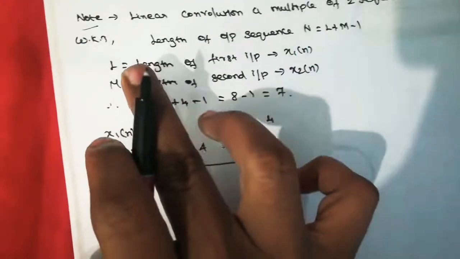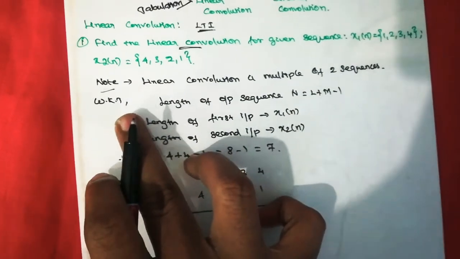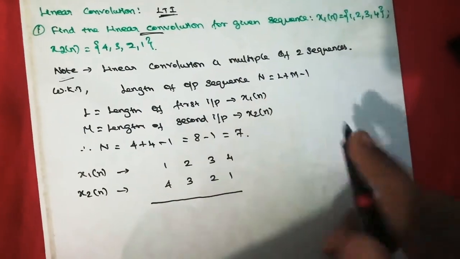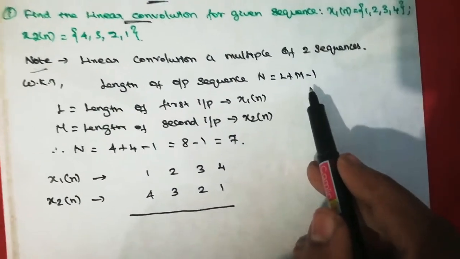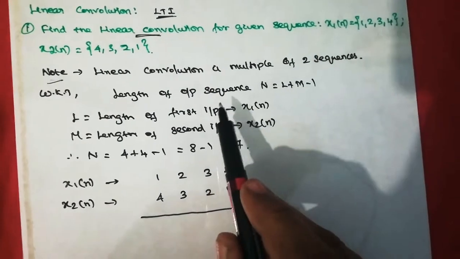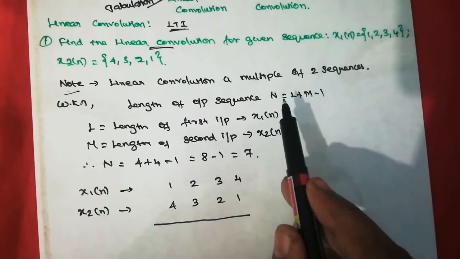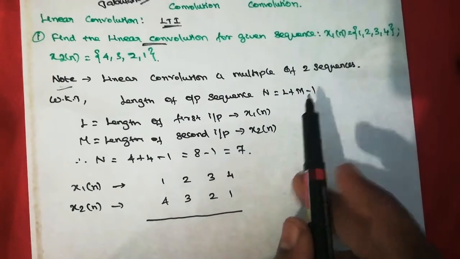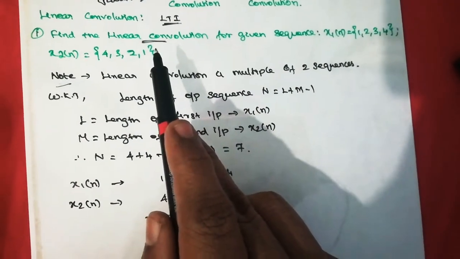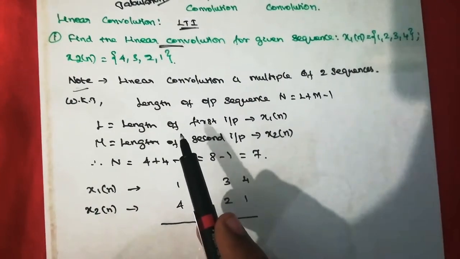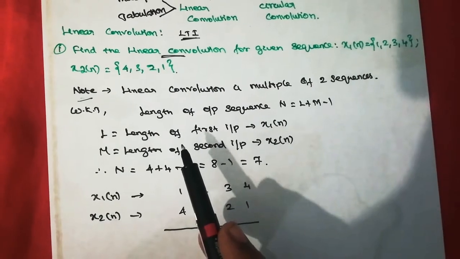The condition for linear convolution is that the length of the output sequence should be N equal to L plus M minus 1. For linear convolution, we don't bother whether the input sequences have equal lengths.